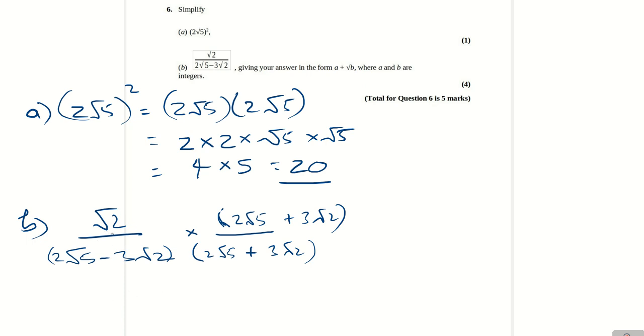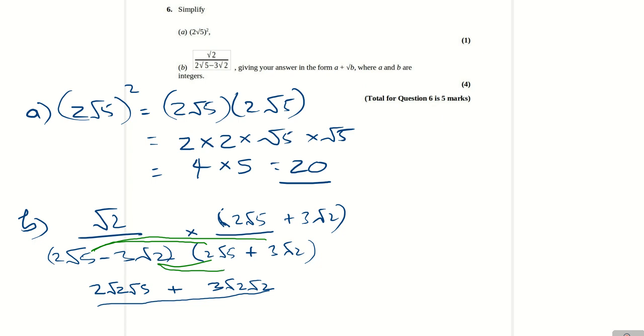If we start with the numerator, I'll write it all out, we get 2 times root 2 times root 5 plus 3 times root 2 times root 2. Okay, and we can simplify that in a minute, and then we have to multiply out the brackets, so I'll draw my lines going across just to remind ourselves what we need to do.